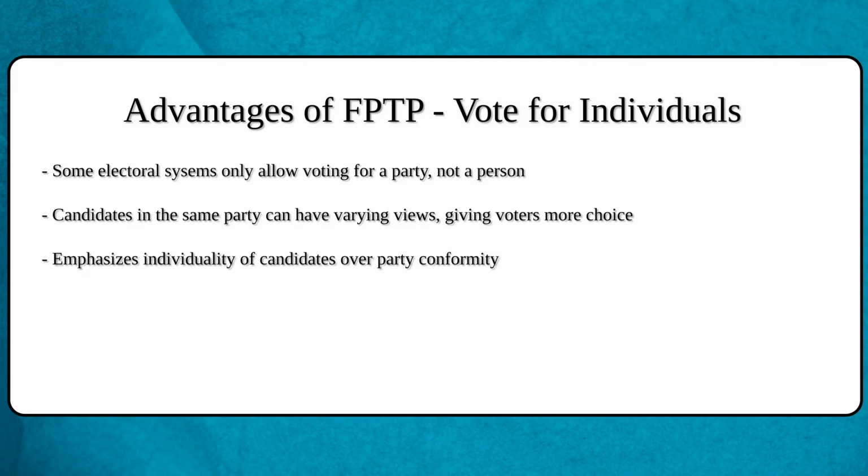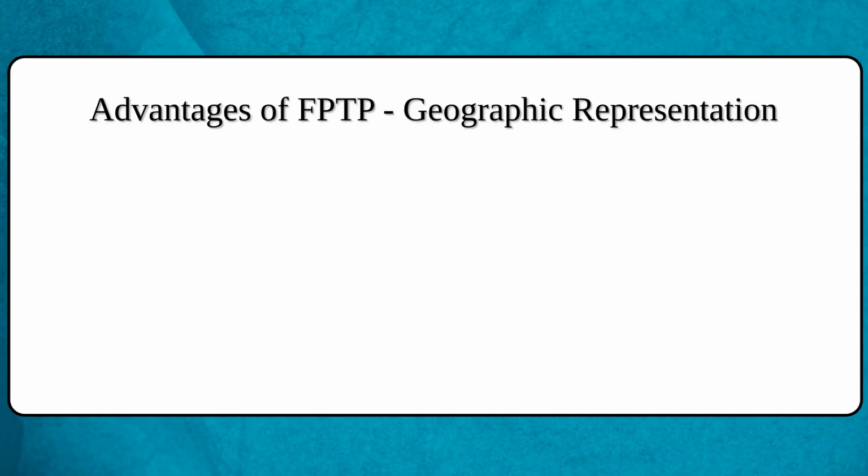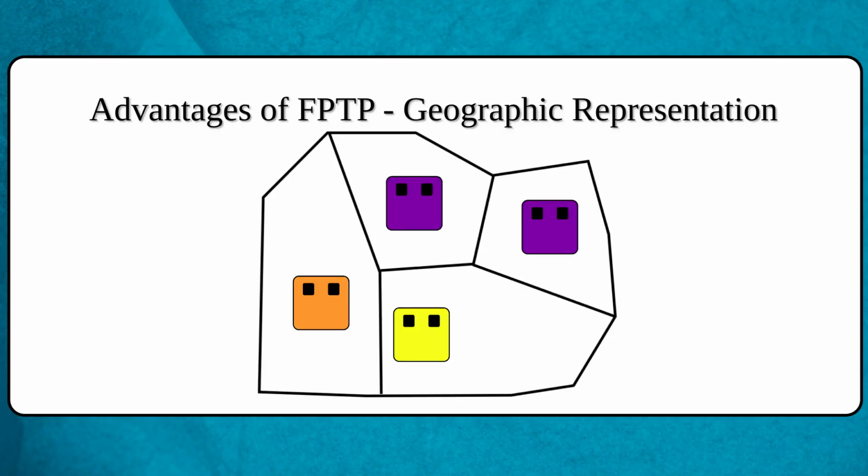FPTP makes a lot of sense if one wants the electoral system to emphasize the individuality of candidates, even if it means that the policy positions of such candidates from the same party may actually be quite different in some instances. First past the post also allows for specific regional representation in that constituencies, such as congressional districts in the United States, are based on geographic locations instead of being one massive at-large district.